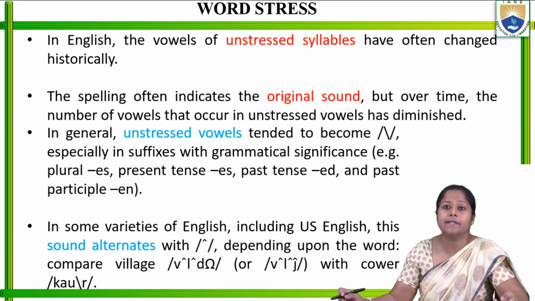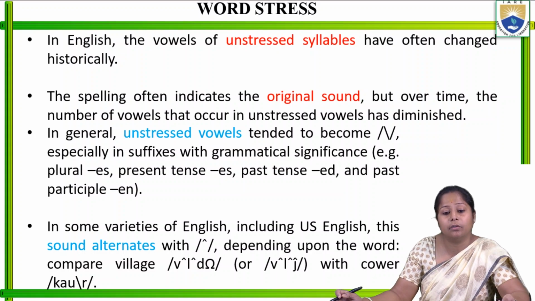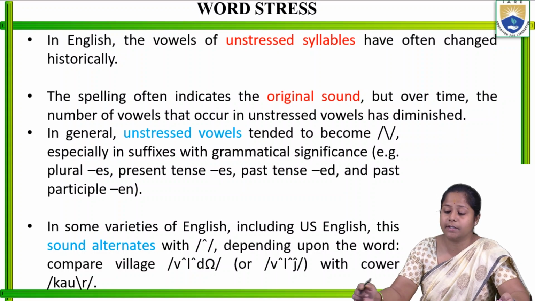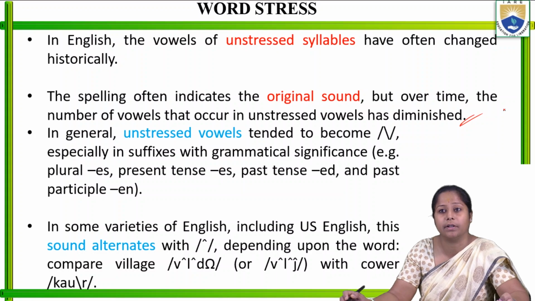In English, the vowels of unstressed syllables have changed historically, because spelling often imitates the original sounds. Over time, the number of distinct vowels in unstressed syllables has been reduced.